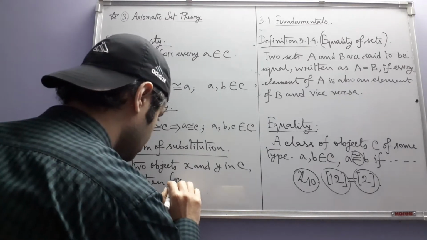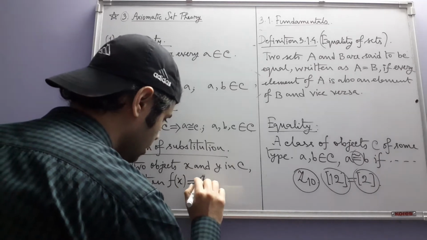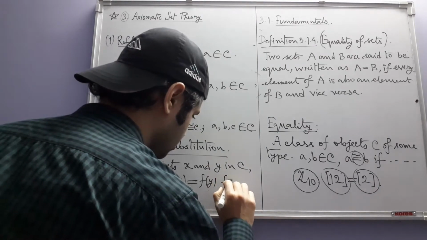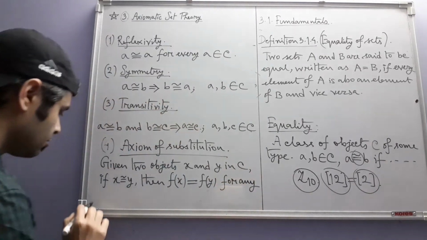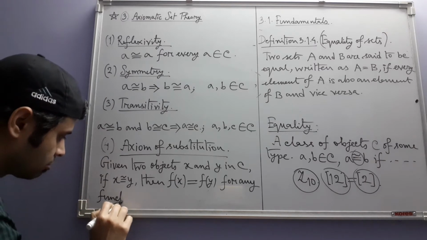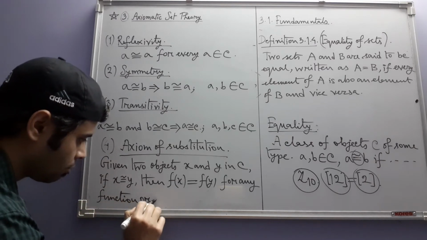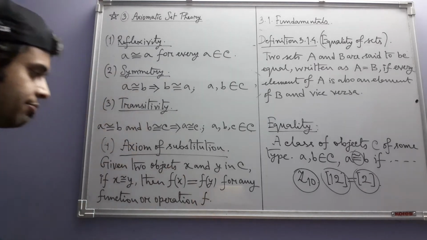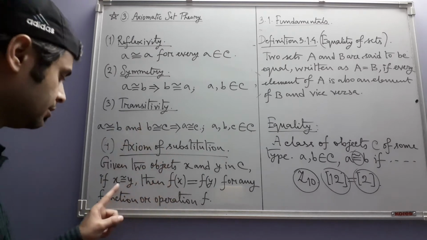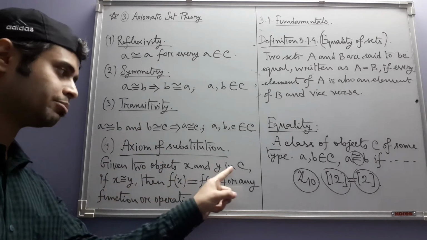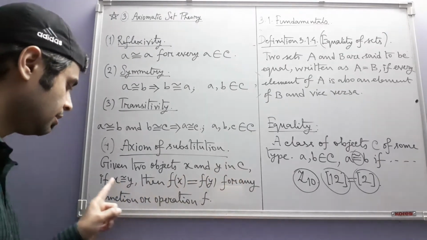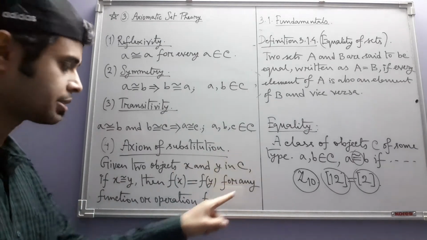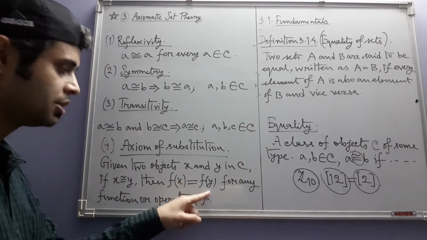Then Fx is equal to Fy for any function or operation F. Okay, now note carefully. This X and Y are objects in the class C, right? If they turn out to be equal to each other according to the definition of equality in the class, then Fx must be equal to Fy.